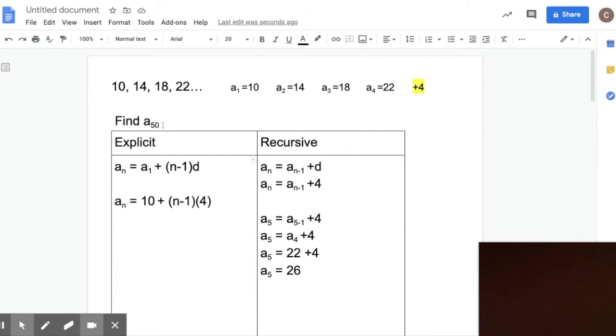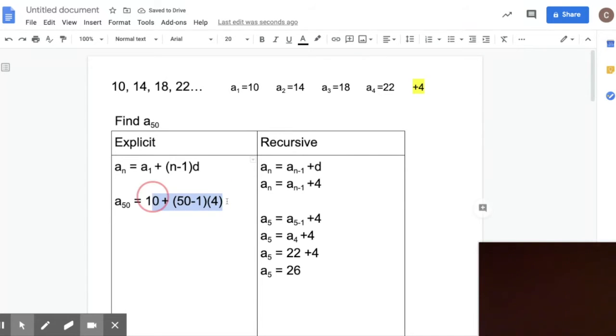For instance, if we want to find the 50th term, we're going to make our n equal to 50 because we're trying to find the 50th term. So 50 is our n value.